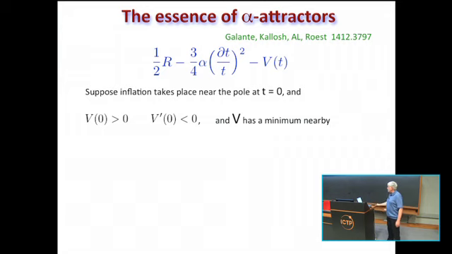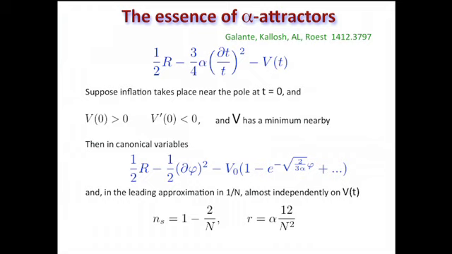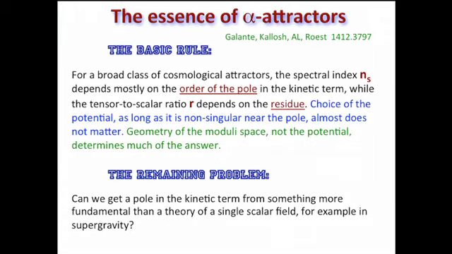And then the rule is that for all of the theories, you have asymptotically exponential, when you go to canonical variable, this kind of potential, and you have universal prediction. So this universality is something which buys us. So here is the basic rule. The spectral index depends on the order of the pole, and the tensor to scalar ratio depends on the residue of the pole. So you have a pretty general phenomenological description of many of these models.